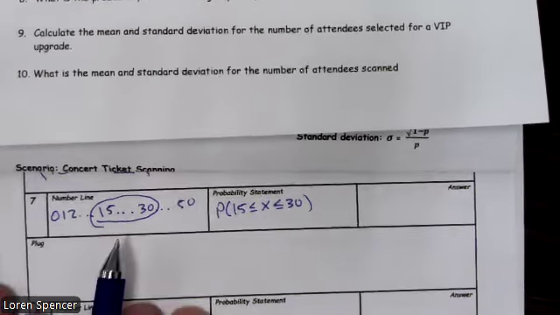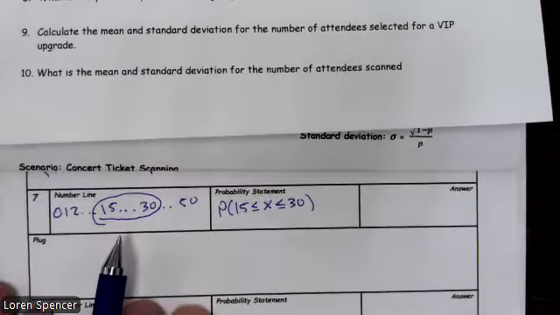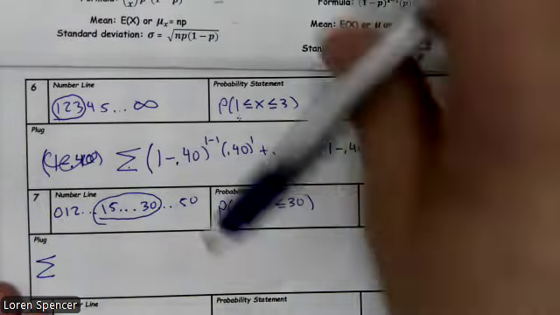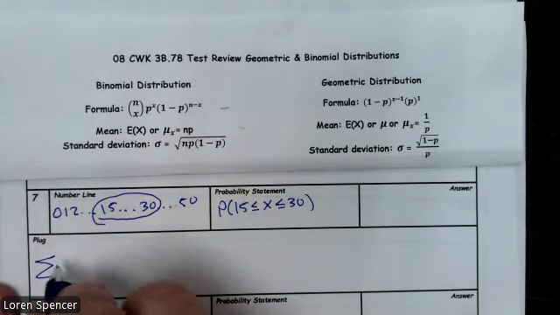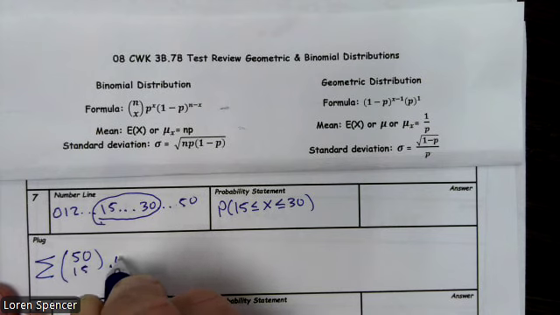So when I go to plug in, I know that I have multiple values, so this is going to be a summation just because I have multiple values. And when I consider the binomial formula, it's going to be 50. That's my sample size. We're going to choose the lowest, 15. Our probability is 0.4.